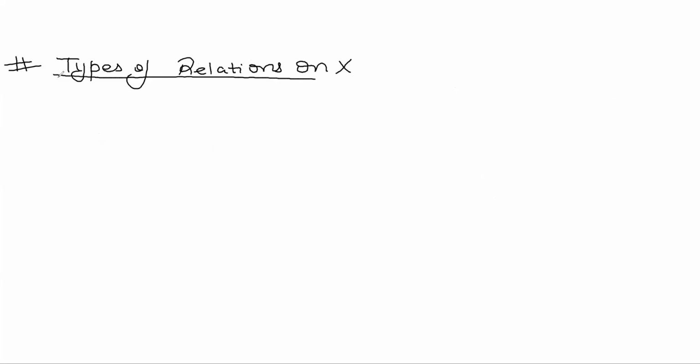So our heading now is types of relations on X. Okay, so let R be a relation on X. Guys, what does this mean?